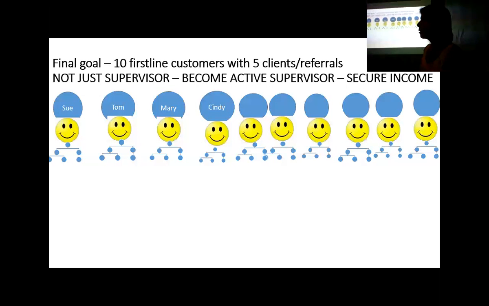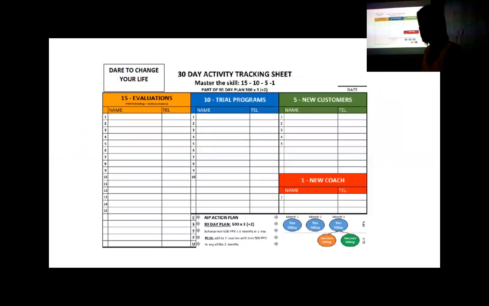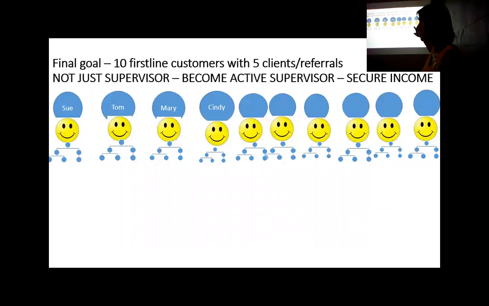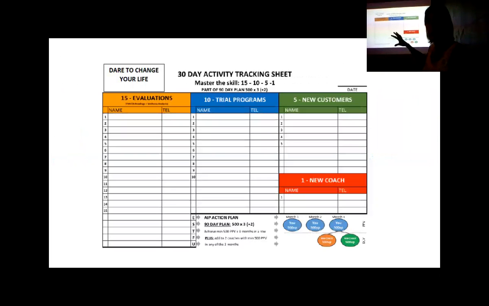And the final goal is basically that you get this chart going. So this chart goes next to that chart. This chart is showing your customers. When you think of that chart, 15 wellness evaluations, 10 trial packs lead to 5 customers.